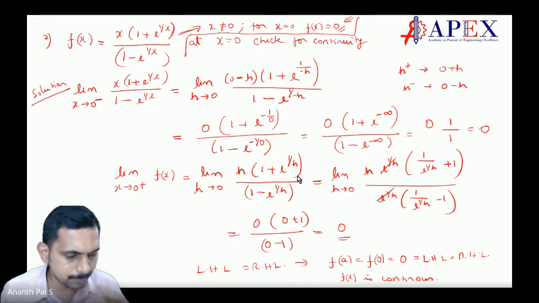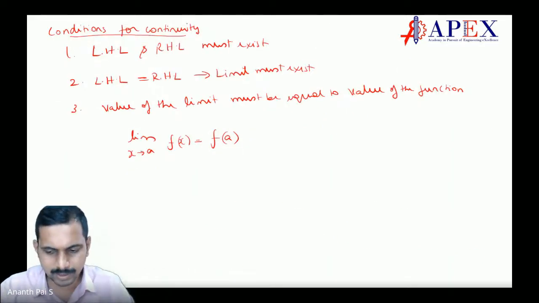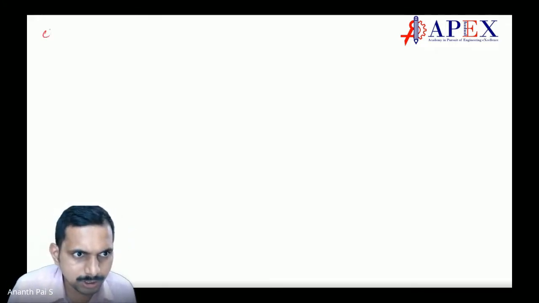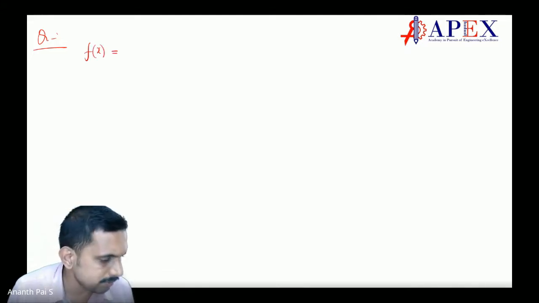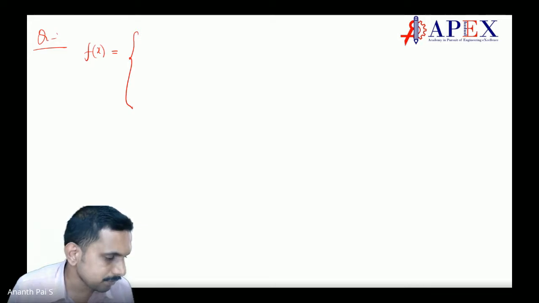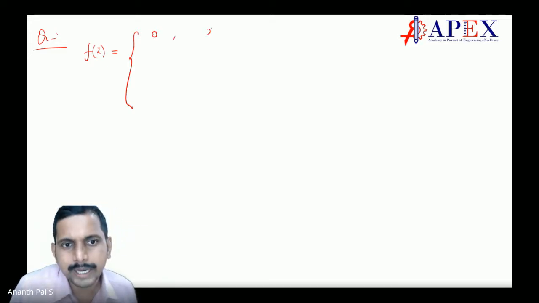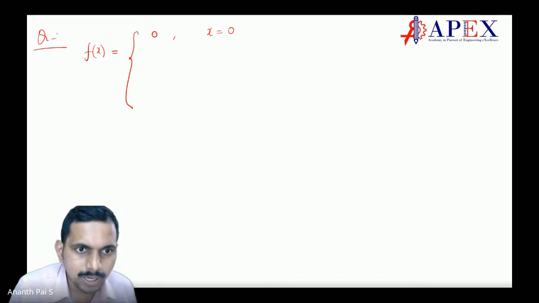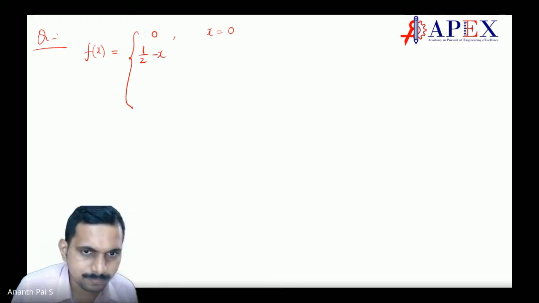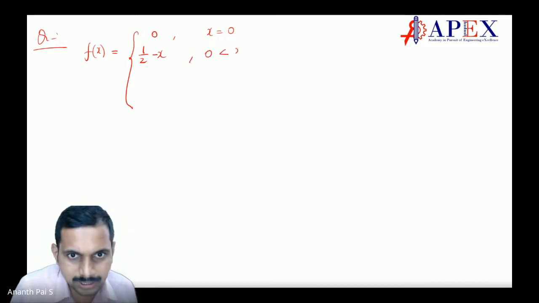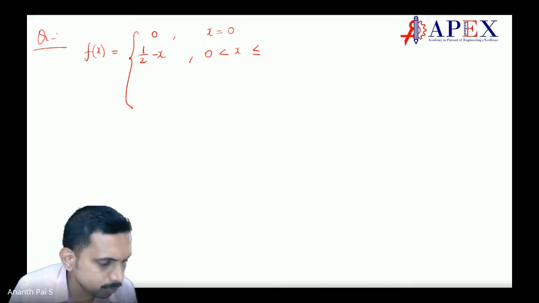Let us do another problem. This is something which has come in GATE. I don't remember which GATE, but still. Check the continuity of, or we will say question. f of x is given by something very big. 0 at x is equal to 0. Half minus x when 0 is less than x less than half, not equal to half.